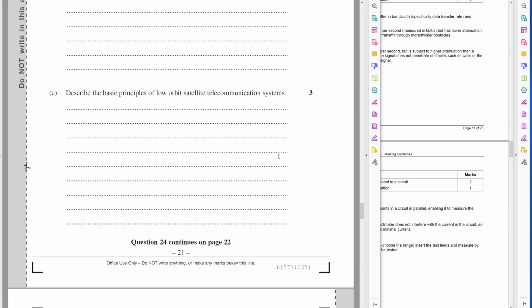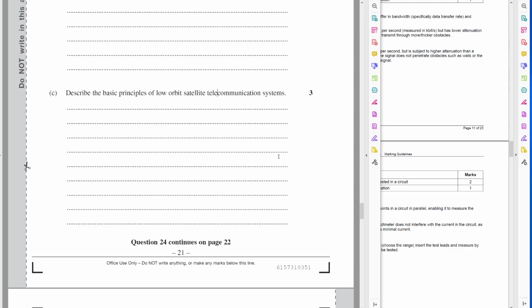When we talk about low orbit satellite systems, the first thing I would say is that they orbit very quickly. They take about 90 minutes to orbit, so you need a lot of them if you want to provide full coverage. We could use the example of Starlink, where they need thousands of satellites to achieve the same thing that could be done with 3 or 4 geostationary satellites.